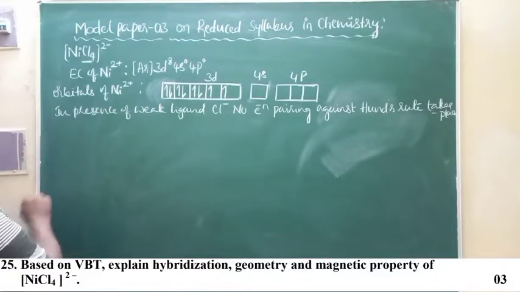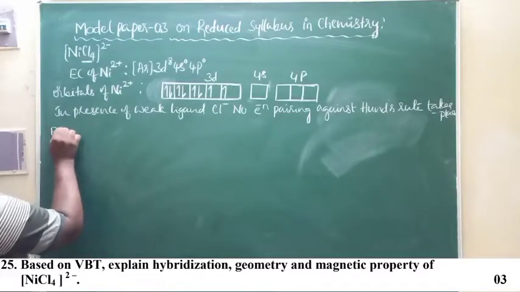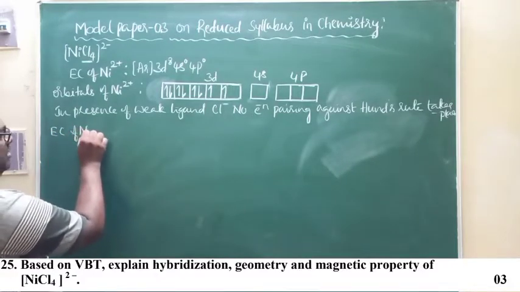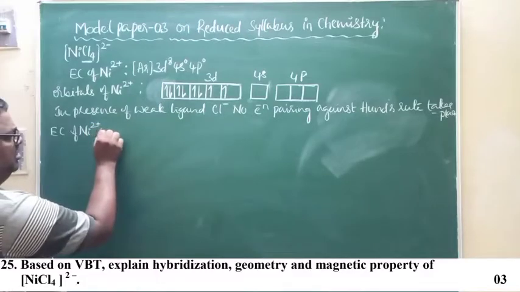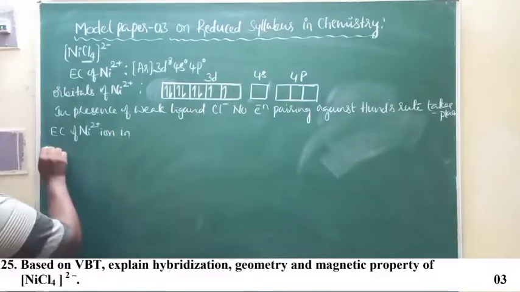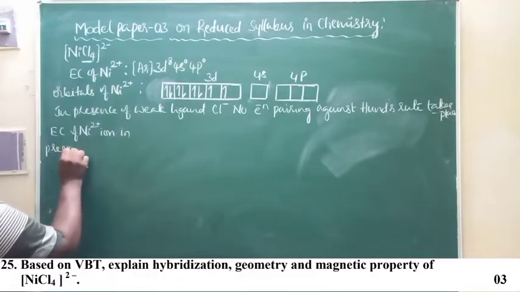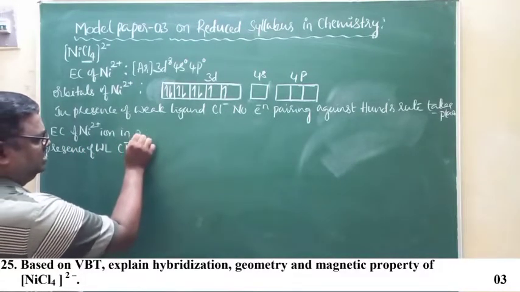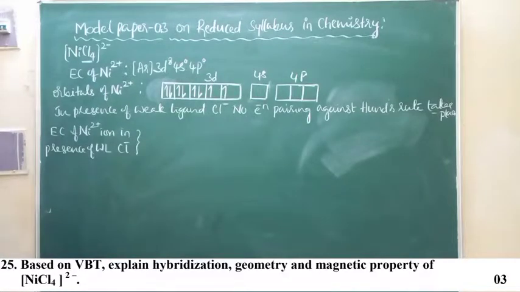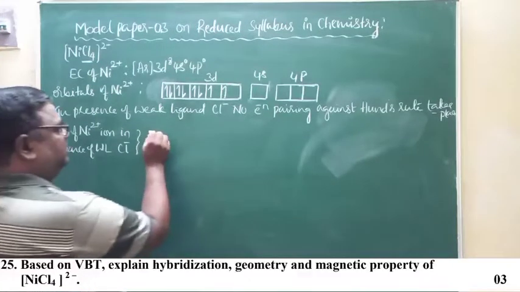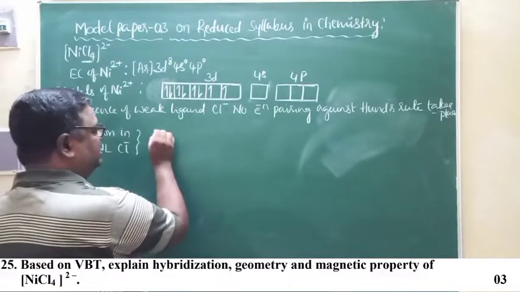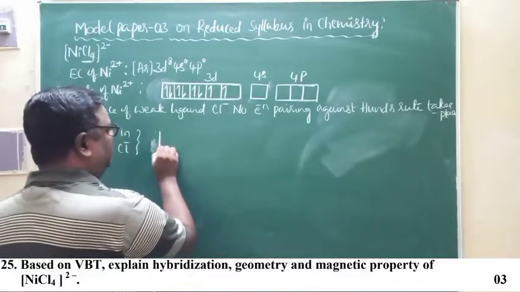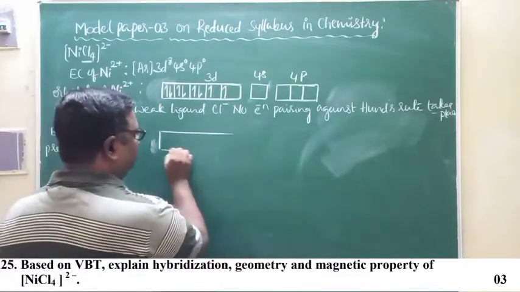Therefore, the valence shell electronic configuration of nickel plus 2 ion in presence of weak ligand Cl minus remains as it is, because no electron pairing against Hund's rule takes place.